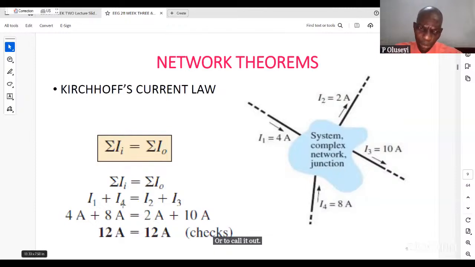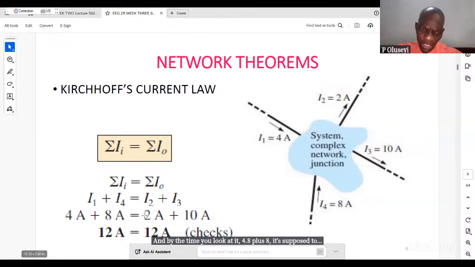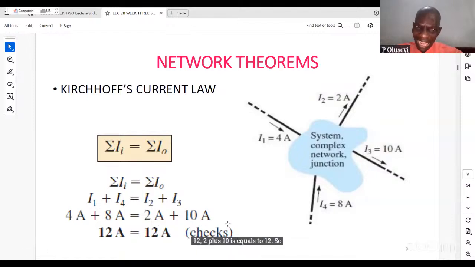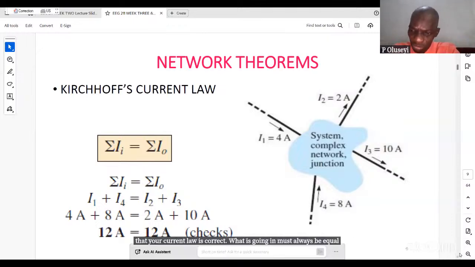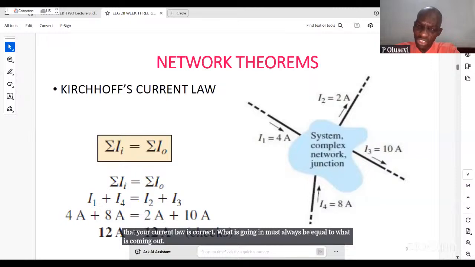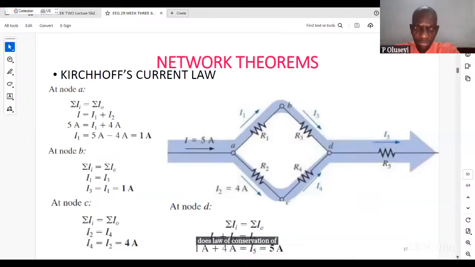We have I1 plus I4 as in, and I2 and I3 as out. 4 plus 8 is equal to 12, and 2 plus 10 is equal to 12. So we have been able to check and confirm that Kirchhoff's current law is correct. What is going in must always be equal to what is coming out. That's the law of conservation of charge.